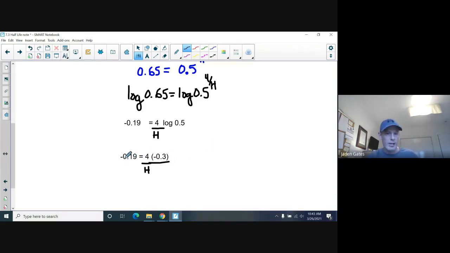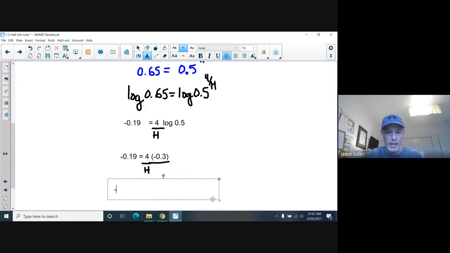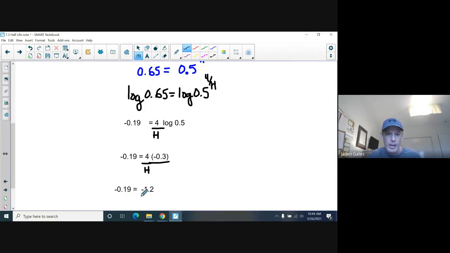Now I can actually go a little bit further here, because I can do 4 times negative 0.3. I'm just showing a lot of steps here, but 4 times negative 0.3 gives me negative 1.2. And again, can't forget, there's my H in the bottom.